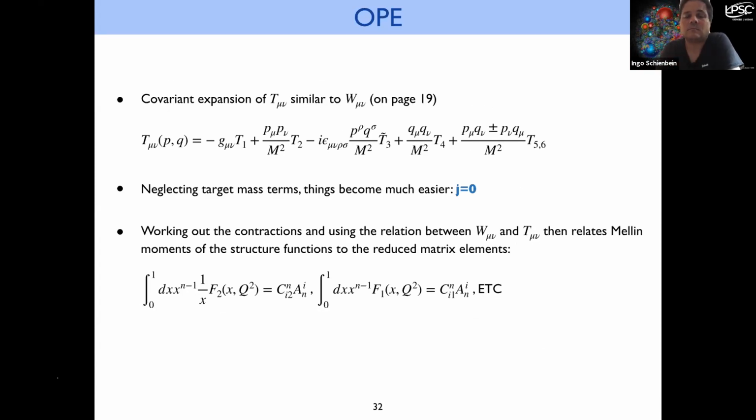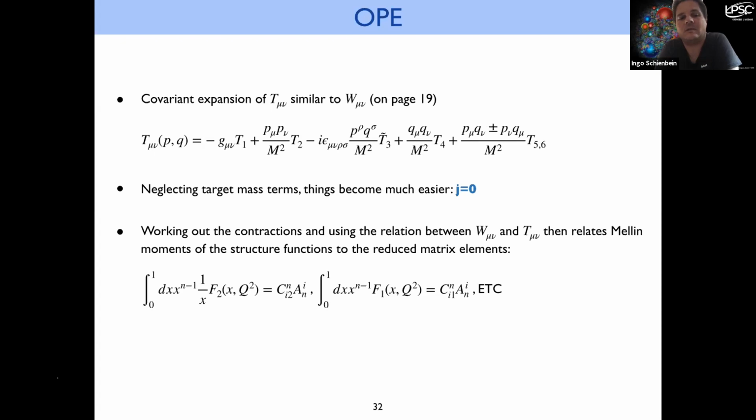And then, in addition, you can write a covariant expansion for the T mu nu as you did for the W mu nu, and then use the optical theorem to relate the W's to the T's via dispersion relations, which then lead essentially to Mellin transforms.